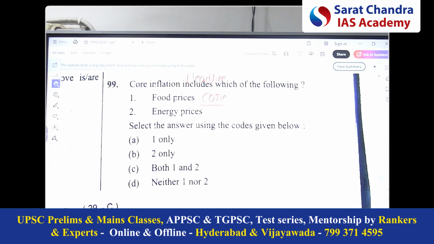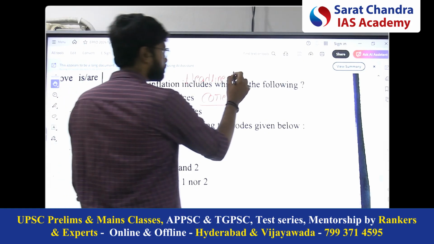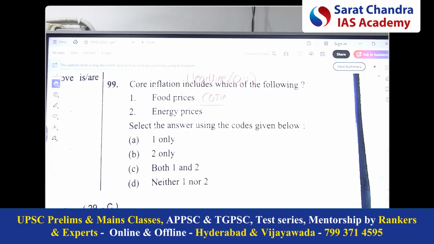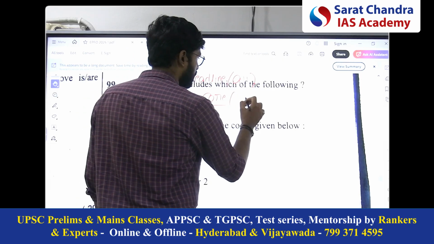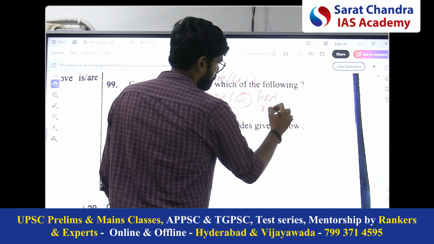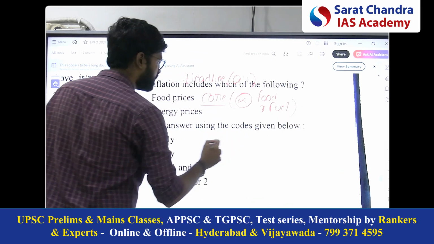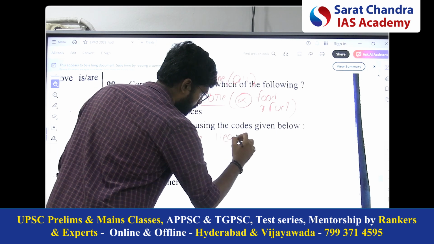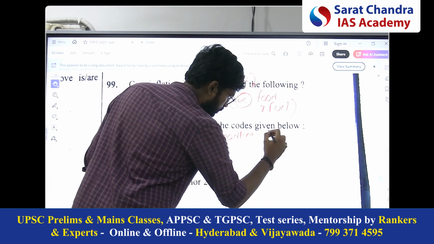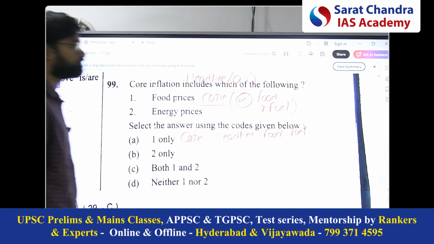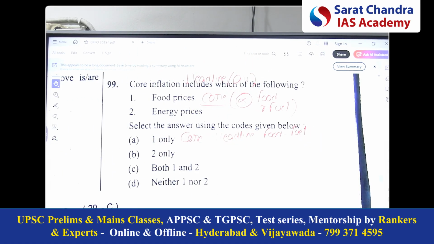Headline inflation, the consumer price index, includes all the products manufactured. But the core inflation will not have food and fuel. That's why if you want to calculate core inflation, it is headline minus food minus fuel. That is called core inflation.